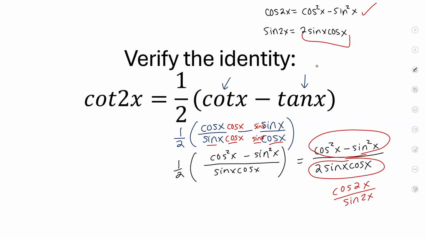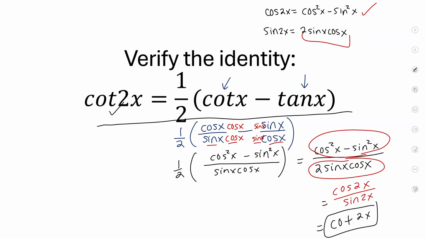Okay, so what is cosine over sine? Cotangent. So this is equal to cotangent 2x, which is what I have on this side. So we just verified that this statement is true. This identity is true.